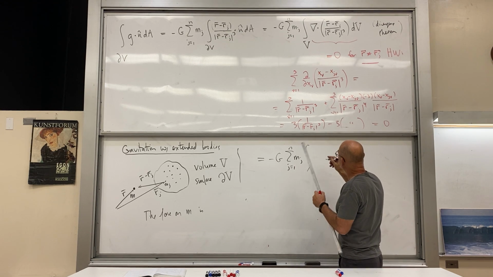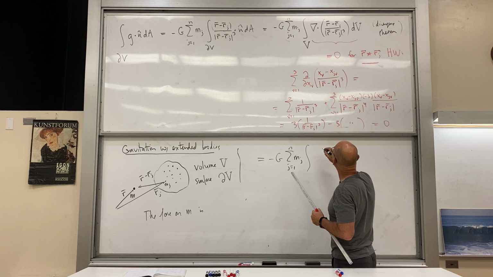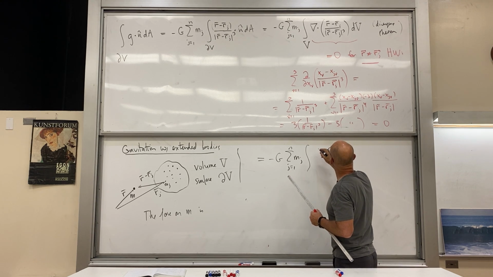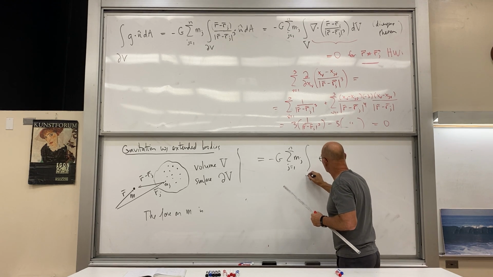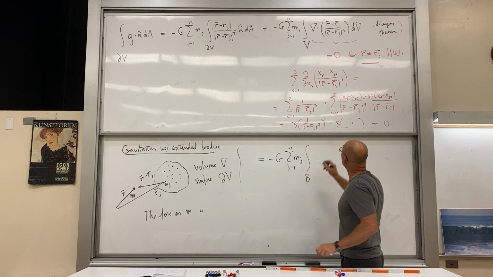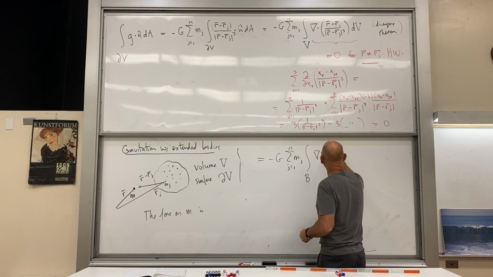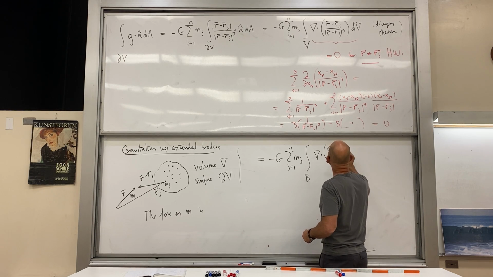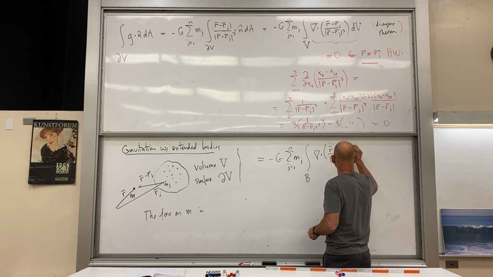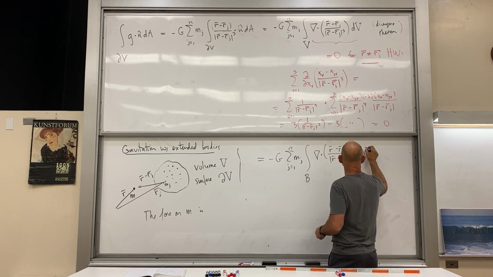I have this divergence theorem. Here we go. Let's just write this down. I'm rewriting what I have there. Divergence of (r minus r sub j) over |r minus r sub j| cubed d volume.